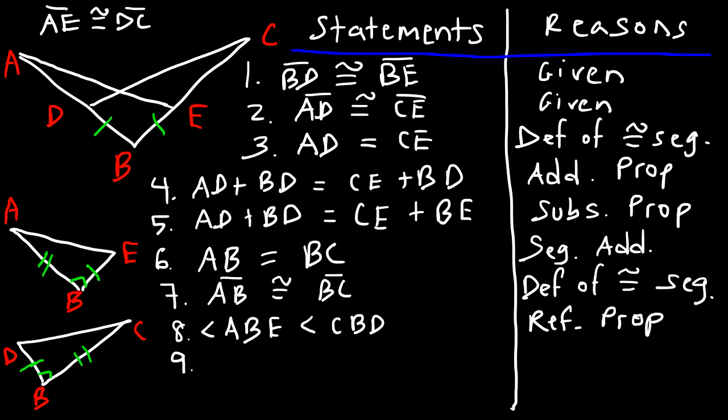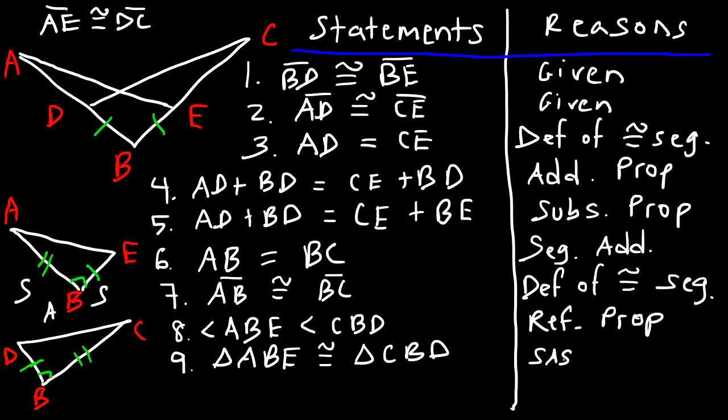Now in step 9, we can now say that the two triangles are congruent. So triangle ABE is congruent to triangle CBD. And this is based on the side angle side postulate. So let's start with this one. Actually, no, wait, let's start with this one. So that's based on statement 1, BD is equal to BE.